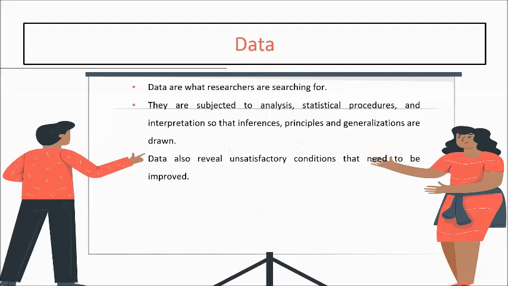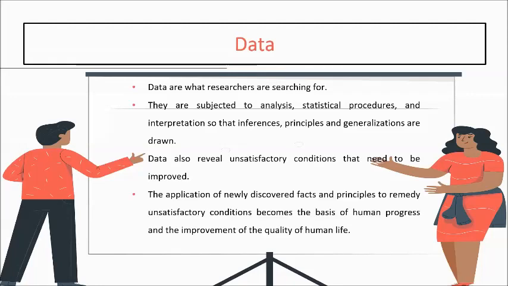And at the same time, it also reveals unsatisfactory conditions that need to be improved. It is also the application of newly discovered facts and principles to remedy unsatisfactory conditions, which become the basis of human progress and the improvement of the quality of human life.